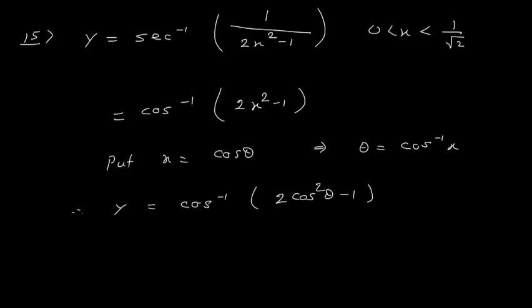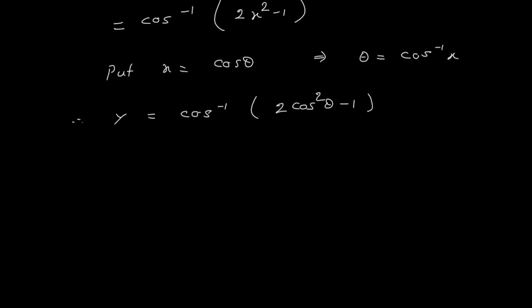This will give the result cos inverse of cos 2 theta, so cos inverse and cos will cancel and your result is 2 theta. So y equals 2 theta equals 2 into cos inverse x. So y equals 2 cos inverse x.